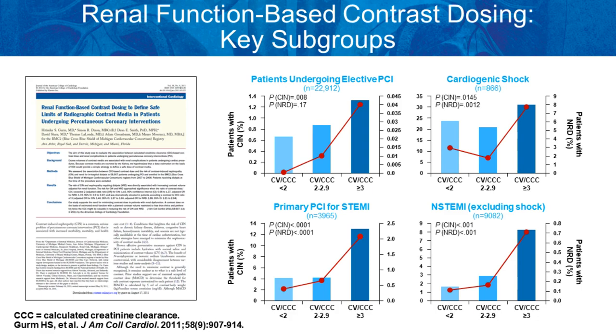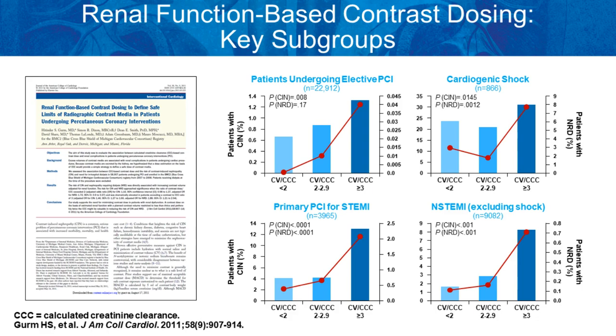Same thing happens in patients that undergo PCI for STEMI, patients that underwent PCI for non-STEMI. And in patients in shock, there were actually very few patients who got contrast to creatinine clearance ratio of less than 2. The risk goes up as you get a dose greater than 3.